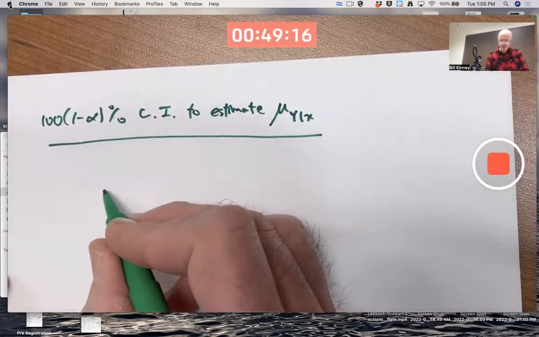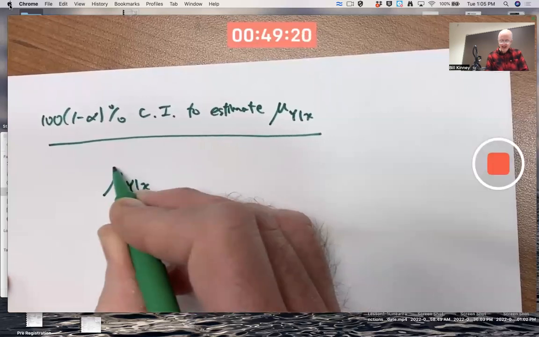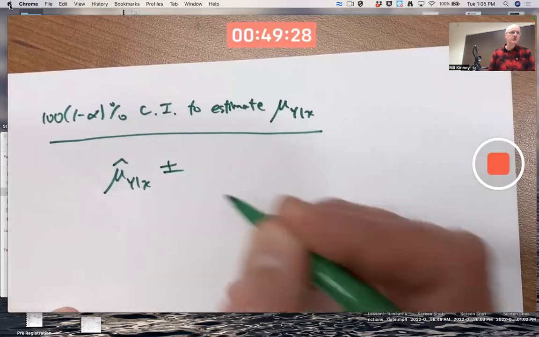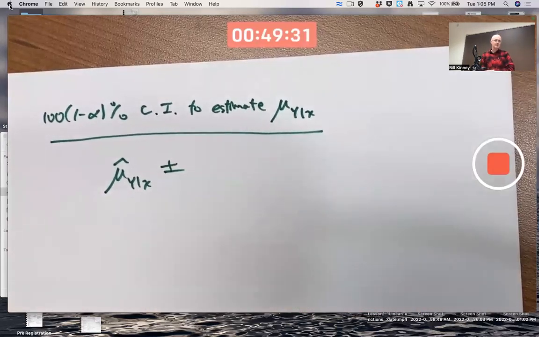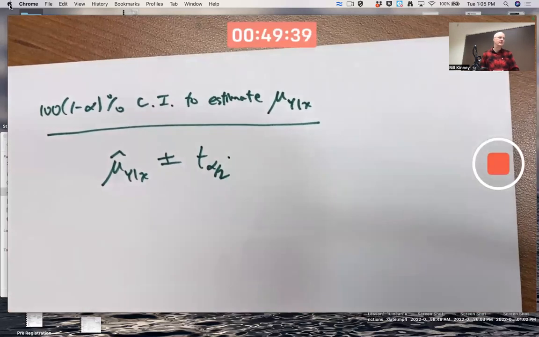Notationally, initially we write the point estimator as mu sub y given x hat, hat indicating it's an estimator, plus or minus a margin of error. What is the margin of error? It's t sub alpha over 2 times the standard error.